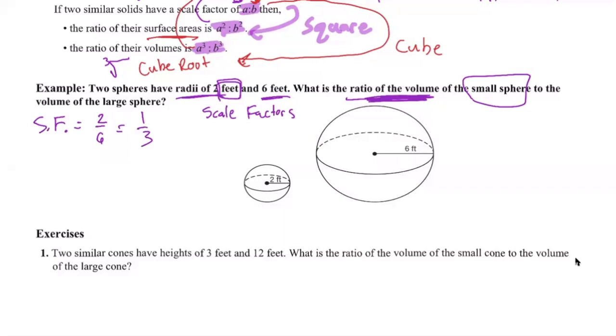Once you simplify it, how do I find the ratio of the volume? What would I want to do with this scale factor? To find the ratio of the volume, I would need to take the scale factor and cube it.